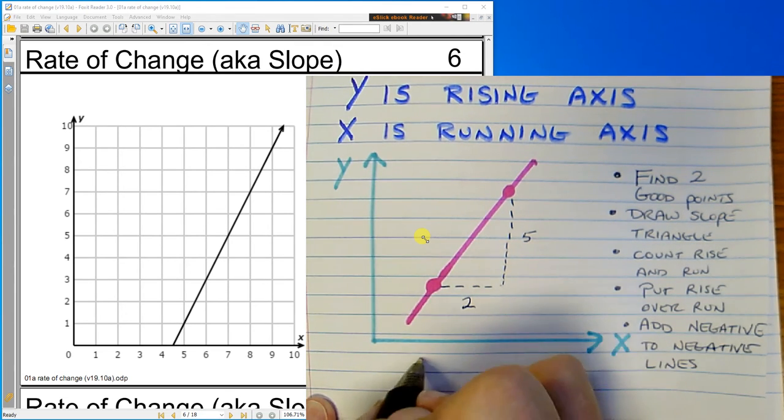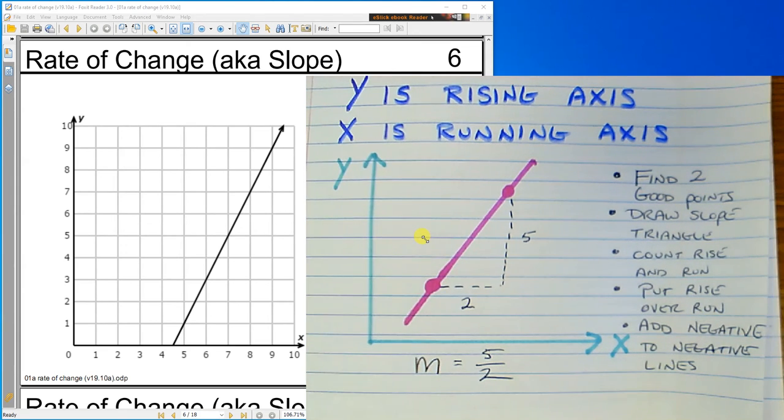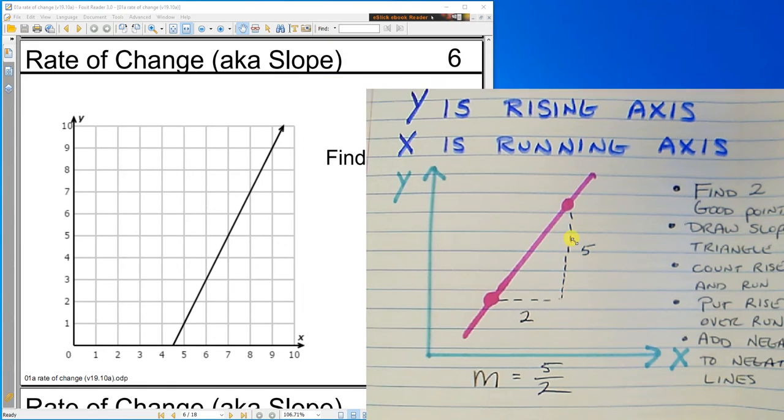So in this case, our slope is 5 over 2. This is not new material. We have done this before. Find two good points. Draw the slope triangle. Count the rise and run, put rise over run, add a negative to negative lines. That's how I find the slope of a line.